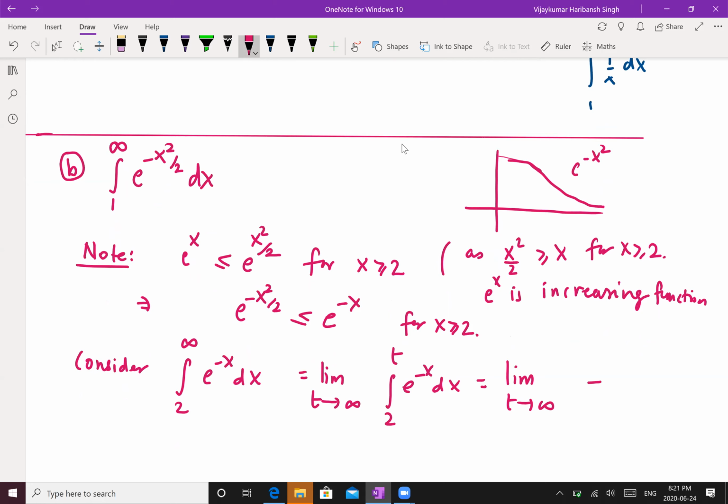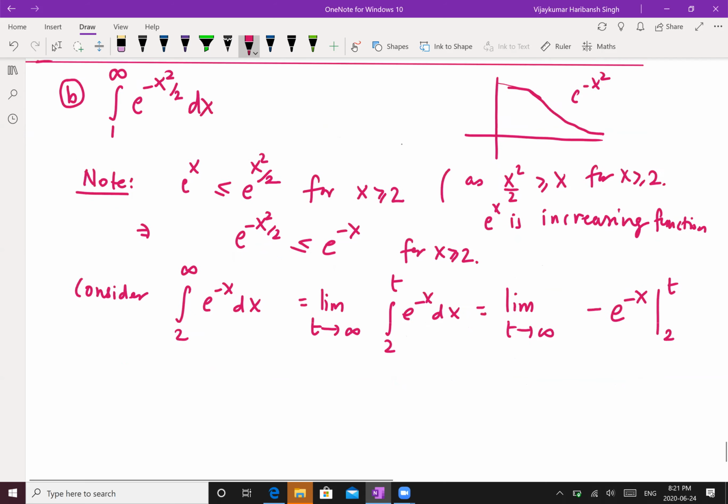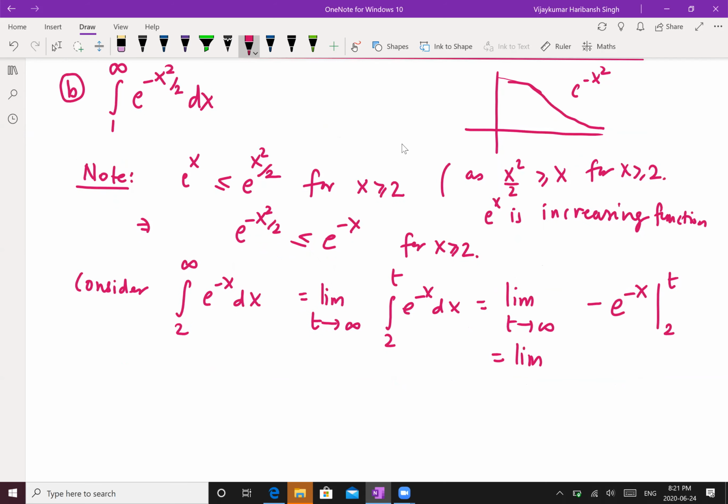So evaluating from 2 to t, this is the limit as t goes to infinity of minus e to the power minus t plus e to the power minus 2. Now as t goes to infinity, e to the power minus t is the same as 1 by e to the power t, which goes to 0. So the limit is equal to e to the power minus 2, which converges.